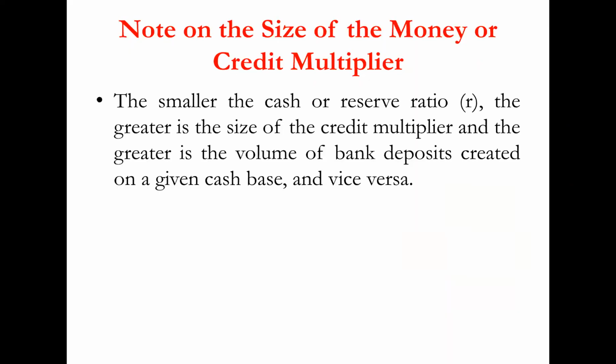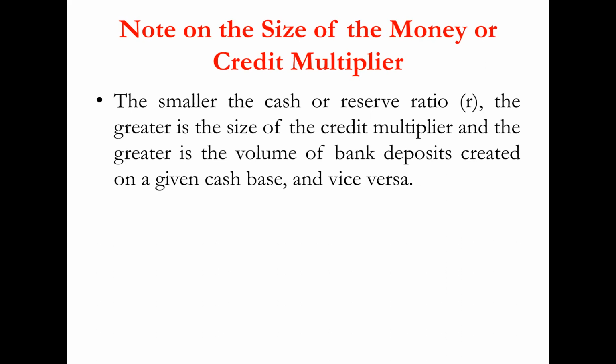Now, the note is that the size of the money or credit multiplier is that the smaller the cash or the reserve ratio, the greater the size of the money or credit multiplier.